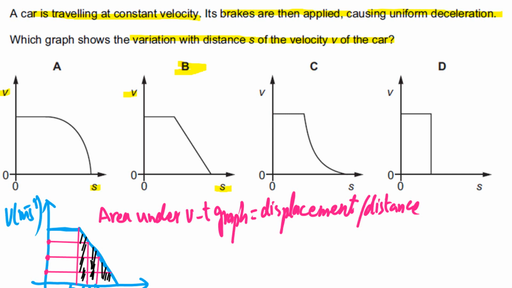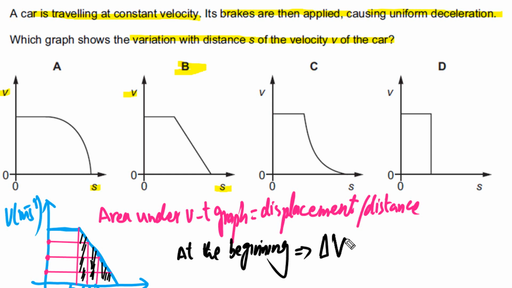We can simply see from here at the beginning, for the same delta V, there is larger displacement, larger distance, and larger displacement means the area under the VT graph is greater.